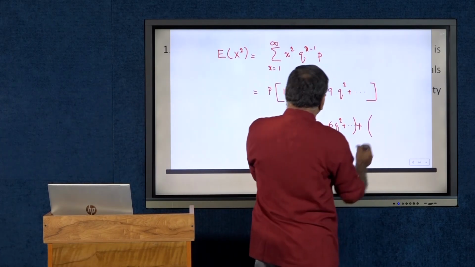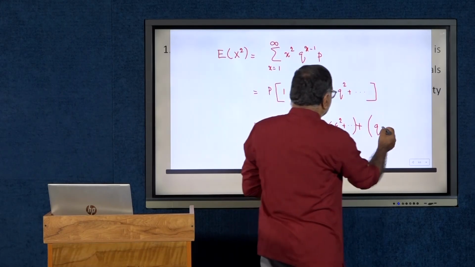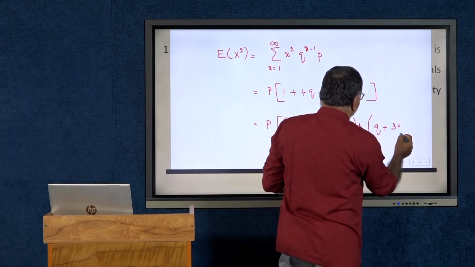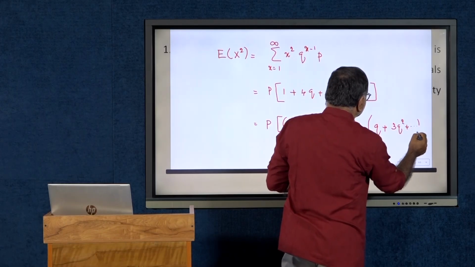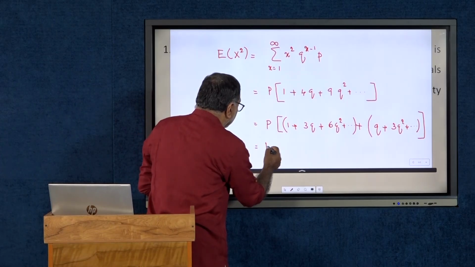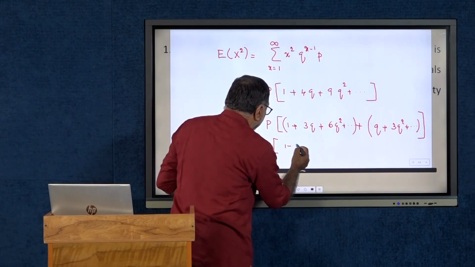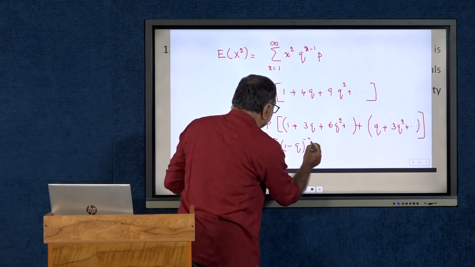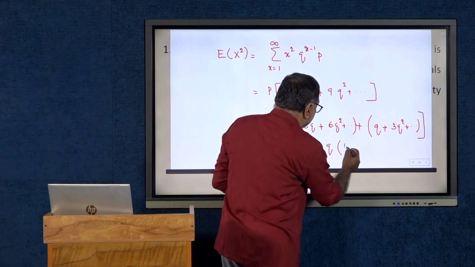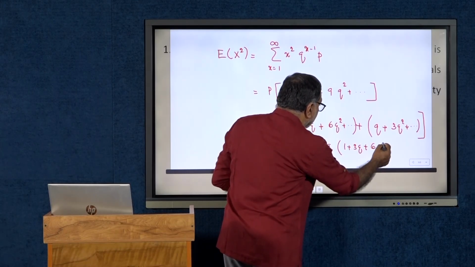Here we actually have 4q but we have taken only 3q, so the remainder is q, and of 9q square we have taken 6q square only, so we have 3q square remaining, plus etc. And that is again equal to p into, this is a known series for us, 1 minus q all power minus 3 is the value, plus here also you take q outside, so 1 plus 3q plus the next term 6q square, etc.